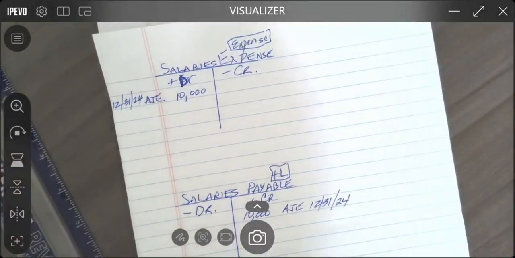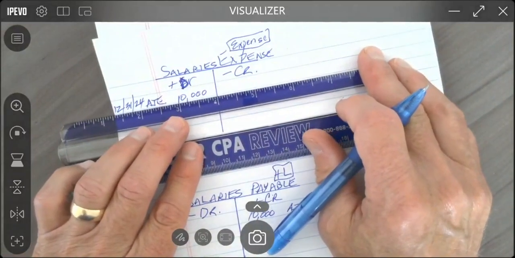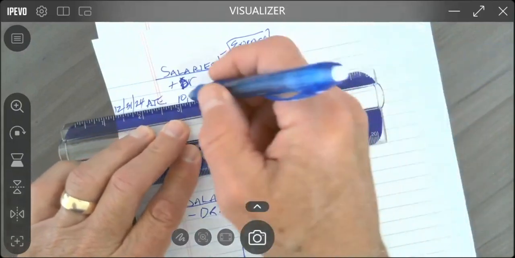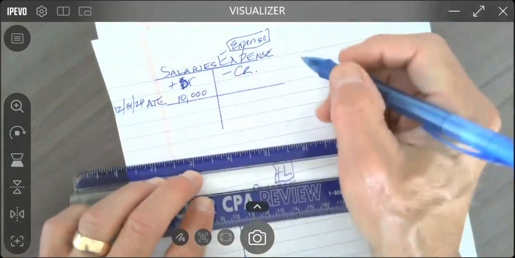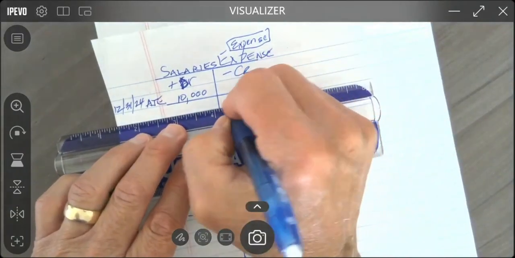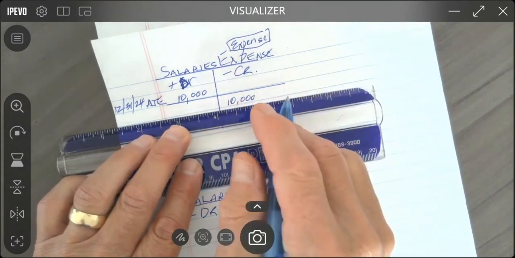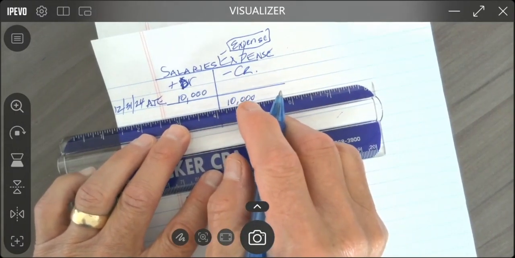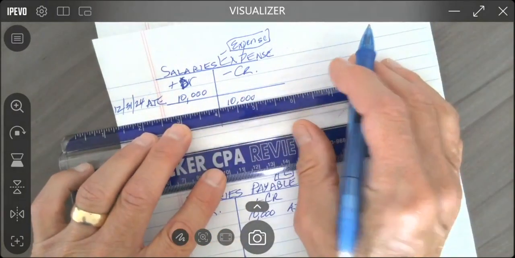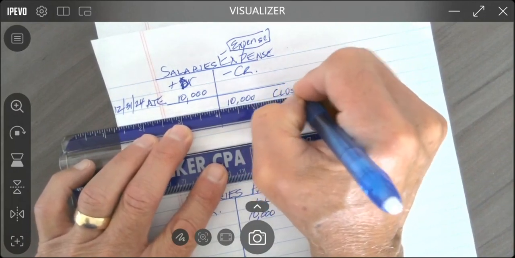But first, let's make sure we did all our closing entries. And of course, on this one, we would close whatever the total is, but let's just assume it was just 10,000. That's probably not the case, but we're closing it for its total.